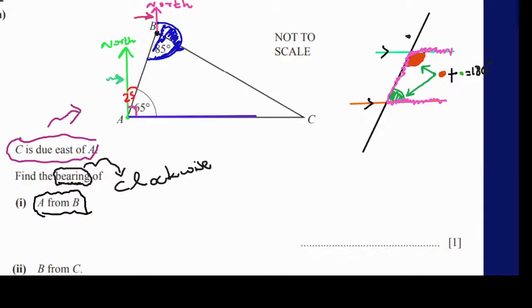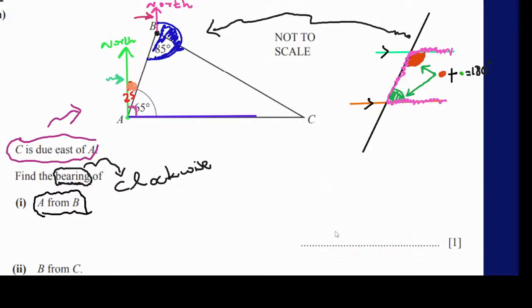So let's bring this concept to the question that we are doing now. We see that the green line is parallel to the pink line, or the green north is parallel to the pink north. So there is a 25-degree angle here, this orange angle. What is the co-interior angle to this orange angle?